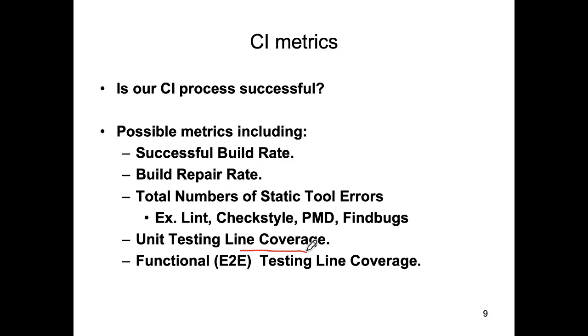And once you've decided on that metric, you should continuously measure and monitor it. And if the metric is going in the wrong direction, find out how you can improve the continuous integration process. It may mean using different tools, using a different continuous integration server, whatever.